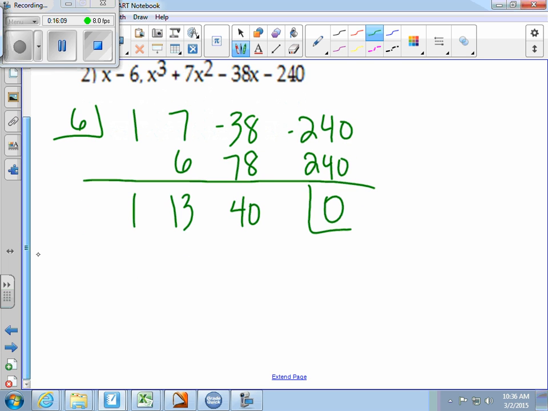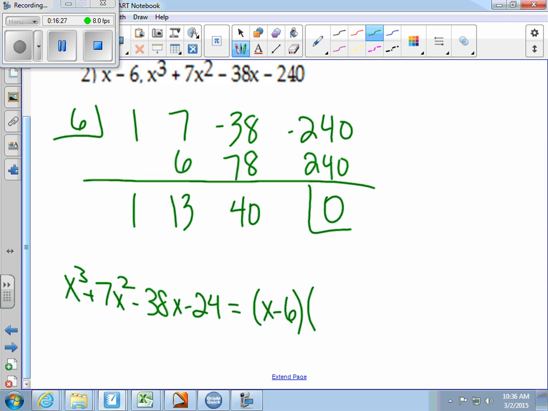So what that means is that polynomial, the big polynomial that we had at the beginning, equals x minus 6 times what? Is it minus 2 or not? Say that again.